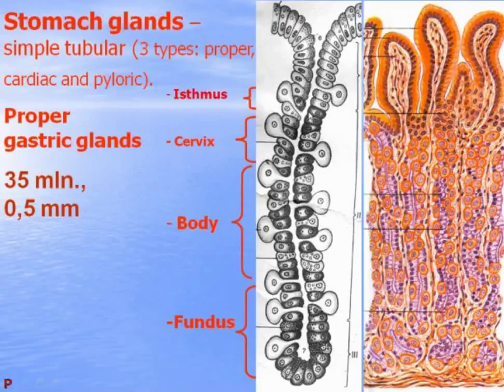Up to 10 gastric glands enter one gastric pit. These glands are densely packed in the lamina propria. They are half a millimeter long, and there are up to 35 million of them in the stomach.